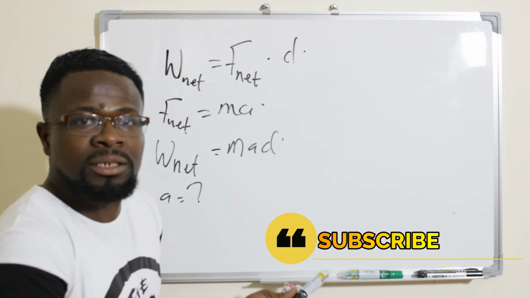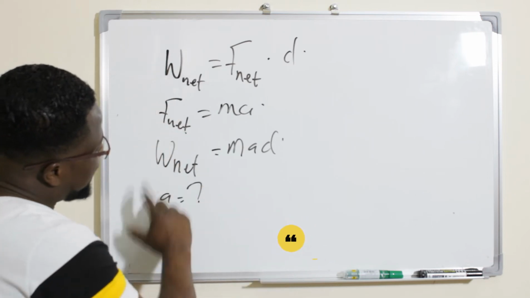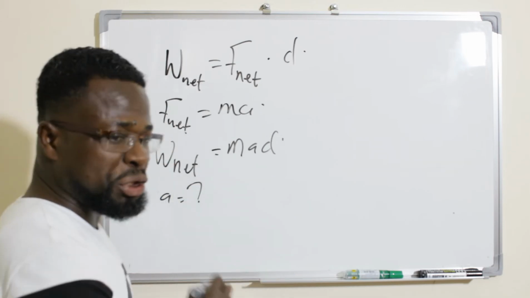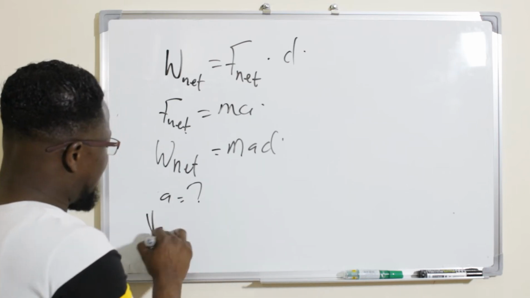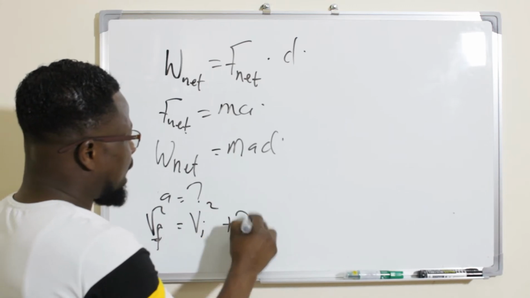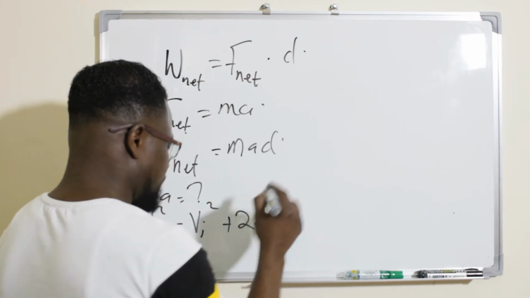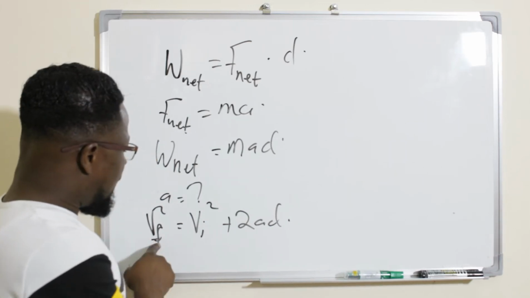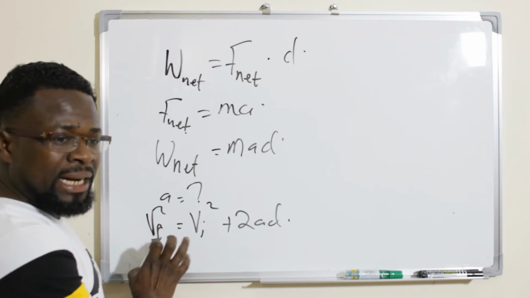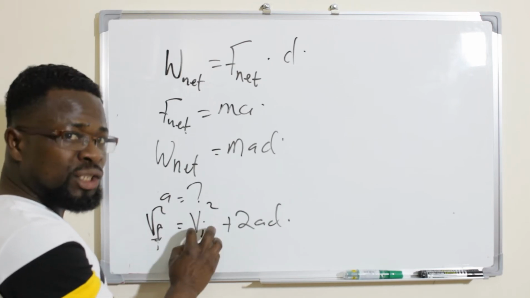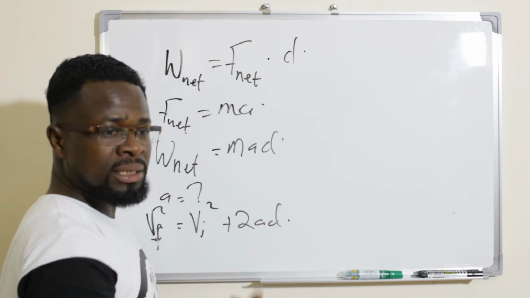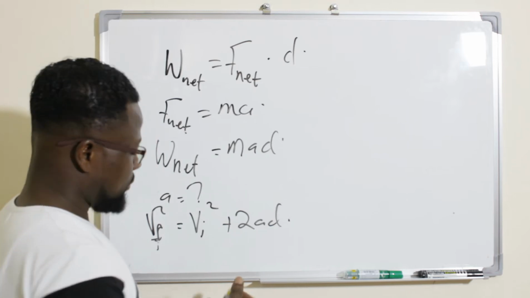We can look at it from the equations of motion, which says Vf squared is equal to Vi squared plus 2ad. Vf is the final velocity, Vi is the initial velocity, a is the acceleration, and d is the displacement.